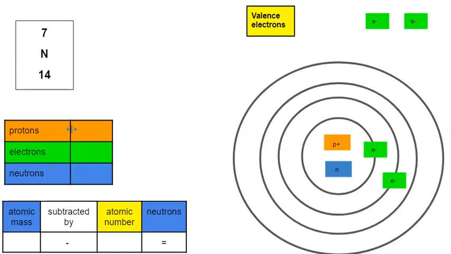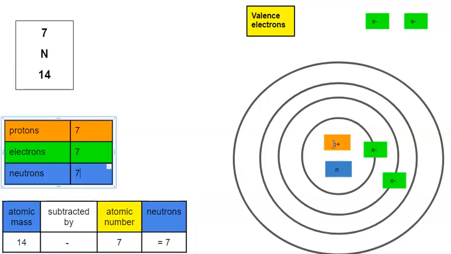Our next problem is nitrogen. We can see the atomic number up here is 7, so there are 7 protons, 7 electrons, and the mass is 14. The atomic number is 7. 14 minus 7 gives us 7 neutrons.